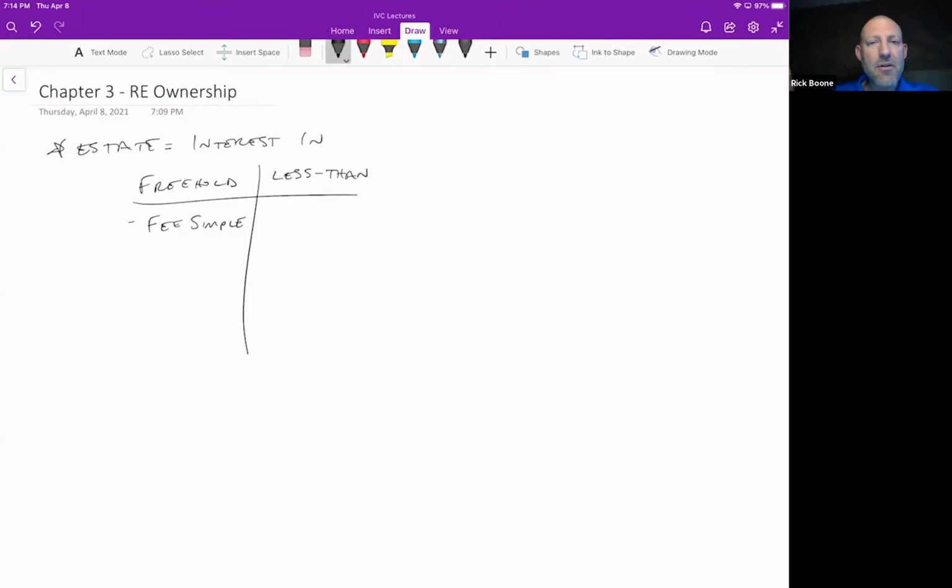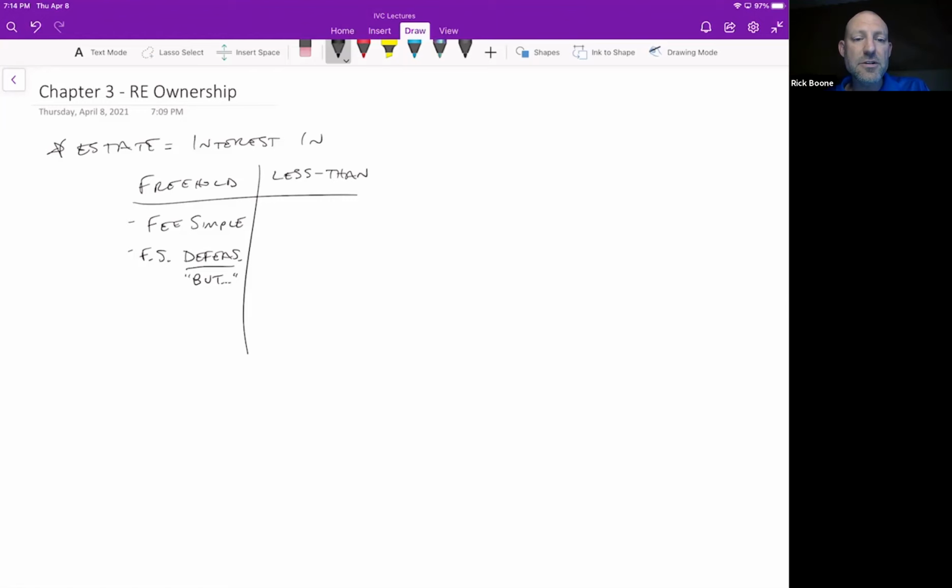The next step down, if you will, is called a fee simple defeasible, and I'll abbreviate here. The fee simple defeasible is you have this highest level of ownership, but here's our but: you can only paint it one of three colors. You own this property, but you can't rent it out to somebody else.